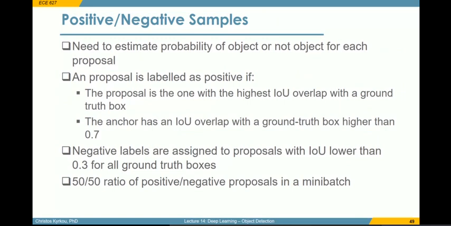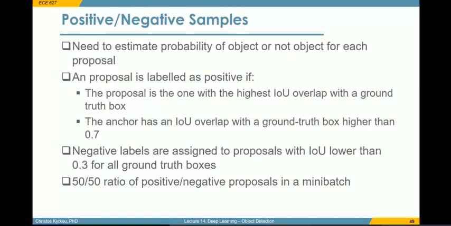So this is the classification that the region proposal does. A proposal is labeled as an object if it has a high IOU, intersection over union, with the ground truth box, and if the score is over 0.7 for that IOU. Negative labels are assigned to proposals with 0.3 or lower IOU.